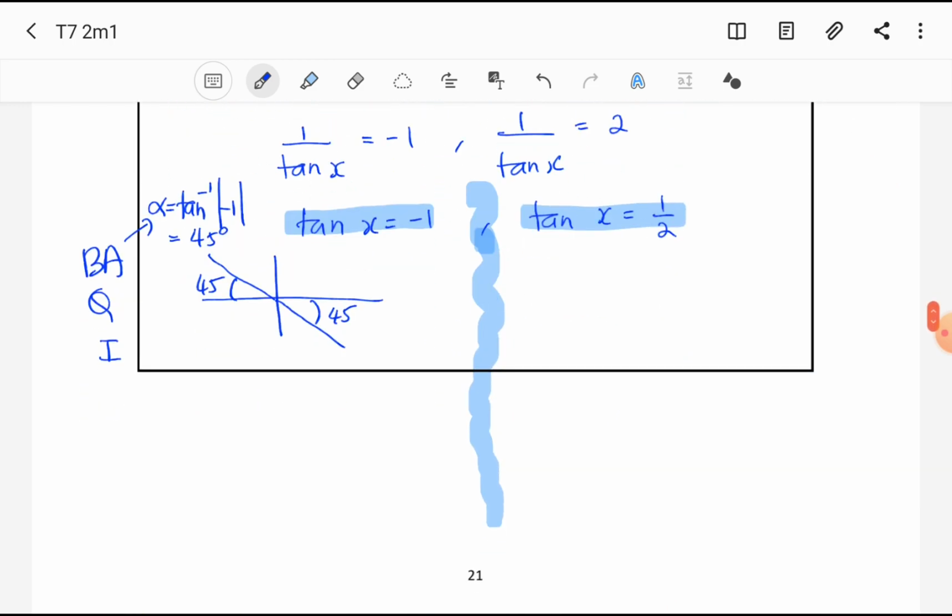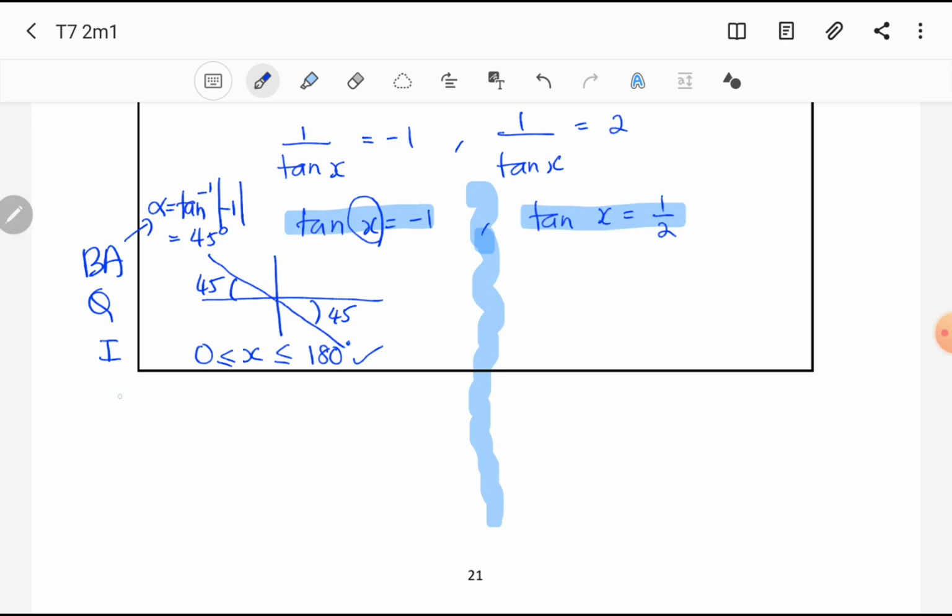Okay. So, given x between 0 until pi. Pi is 180 degrees. Okay. So, kalau awak tengok kat sini, soalan kita ni apa? Tangent x. So, ini range for x. So, we don't need to find the new range.